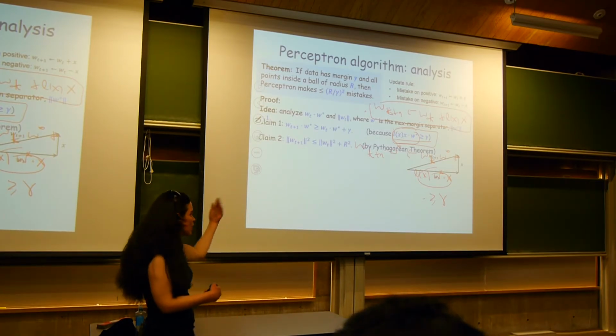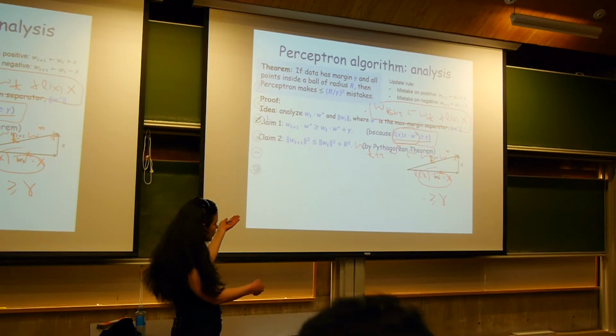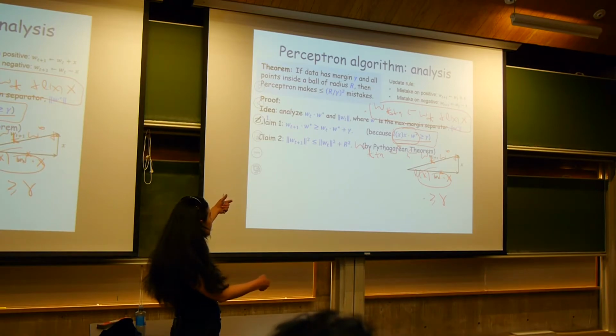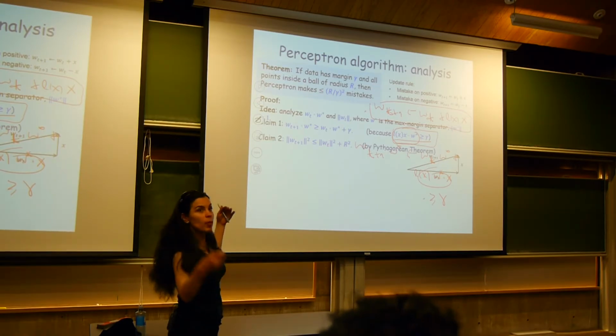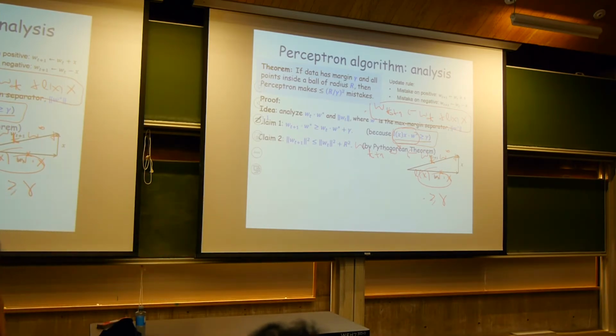So using this basic theorem, you can notice what happens when you add or subtract an example x: the new length squared is upper bounded by the old length squared plus r squared, where r is an upper bound on the length of x. So that's the geometric explanation.